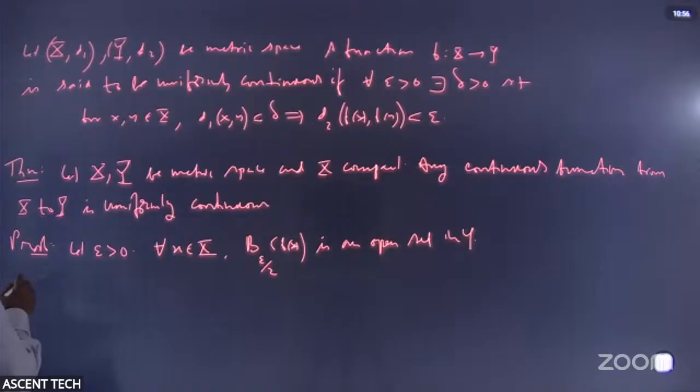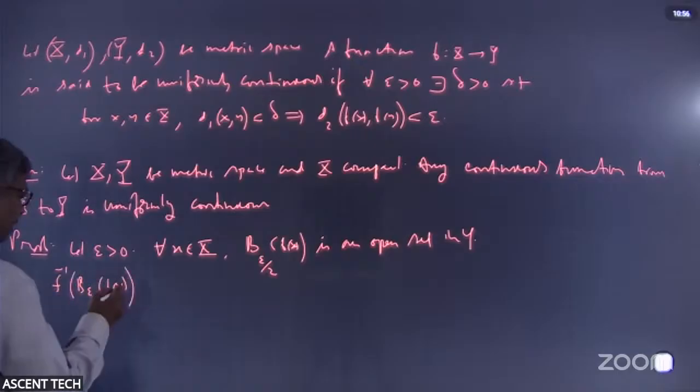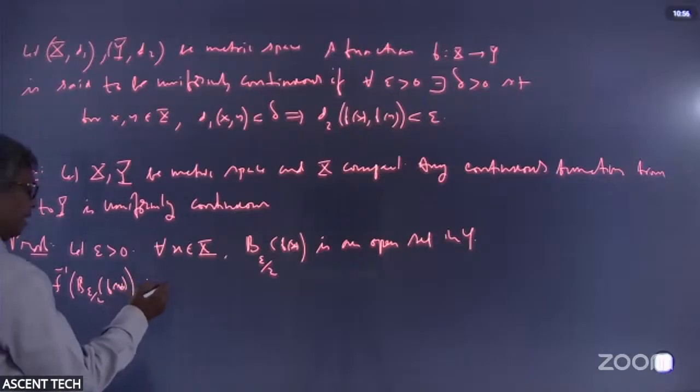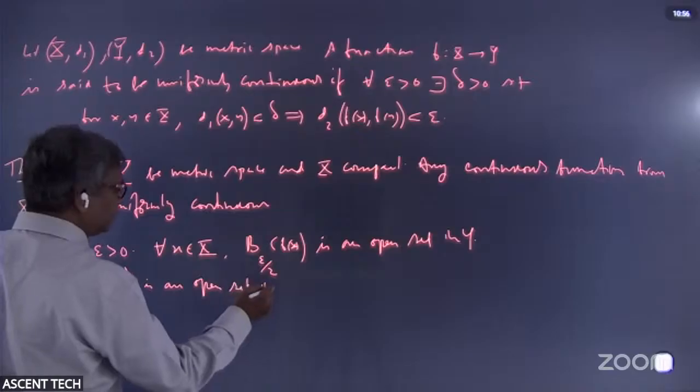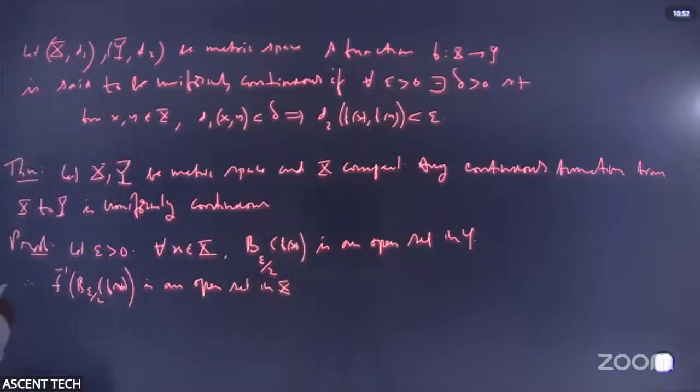Hence f inverse of B(f(x), epsilon by 2) is an open set in X, and x is in this.